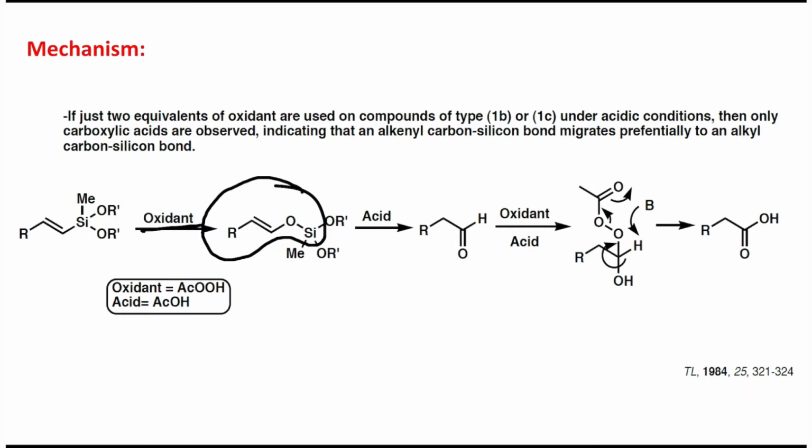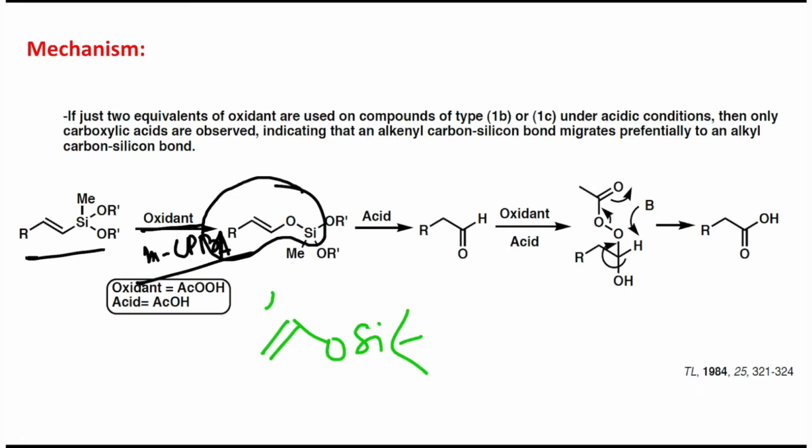I shall give you an example after some time, where you can see that first the oxidant, or in this case you can consider m-CPBA, will result in this silicon enol ether. Means this is actually an alkene silane, and this part is a silicon enol ether, because the OSi part is there. I have already discussed this topic in many lectures, so please visit them for better understanding, and later on it will undergo hydrolysis and produce this aldehyde.